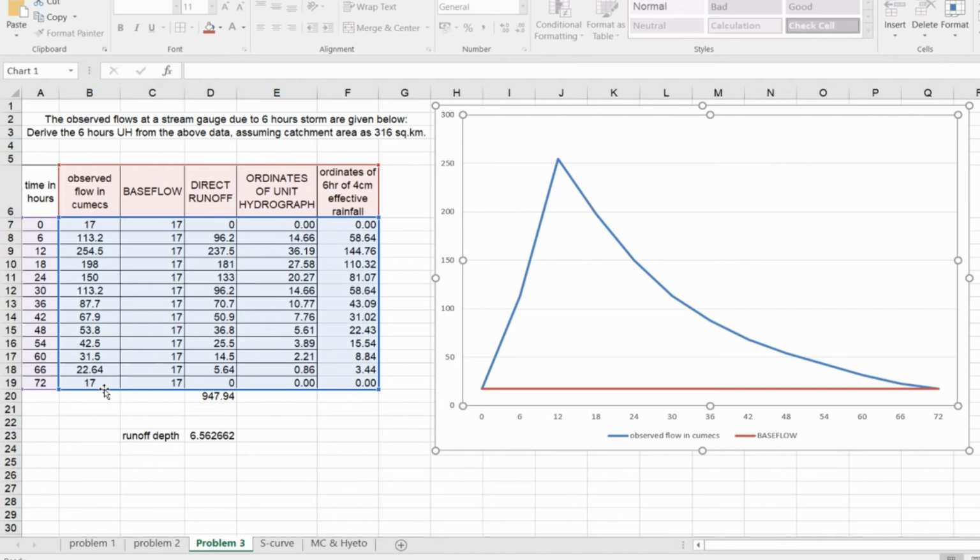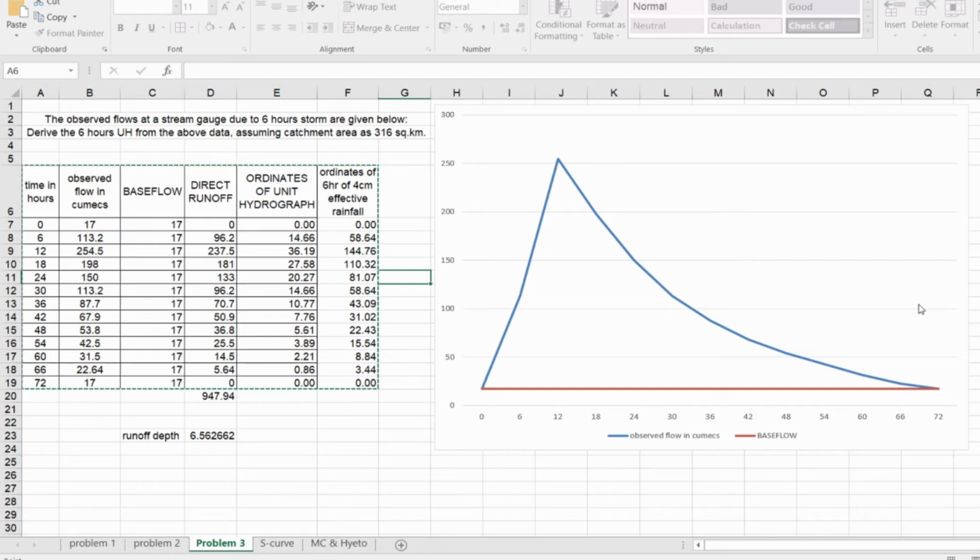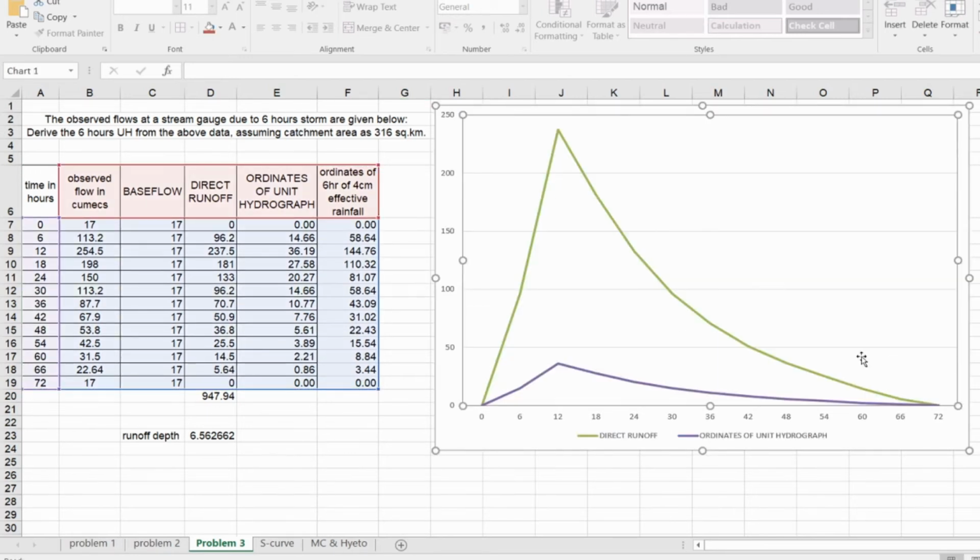Now I'll consider the separation of the base flow by the first method, which is the constant discharge method. I'm assuming that 17 meter cube per second will remain as a constant base flow in the stream. So I have drawn this entire line and separated it. If I separate the base flow from the hydrograph, I'll get the direct runoff hydrograph, which is generated from the water flowing on the earth surface only, right, and the subsurface flow.